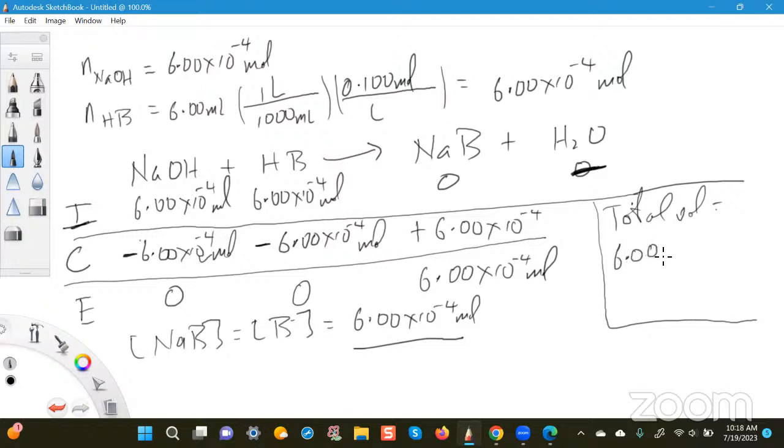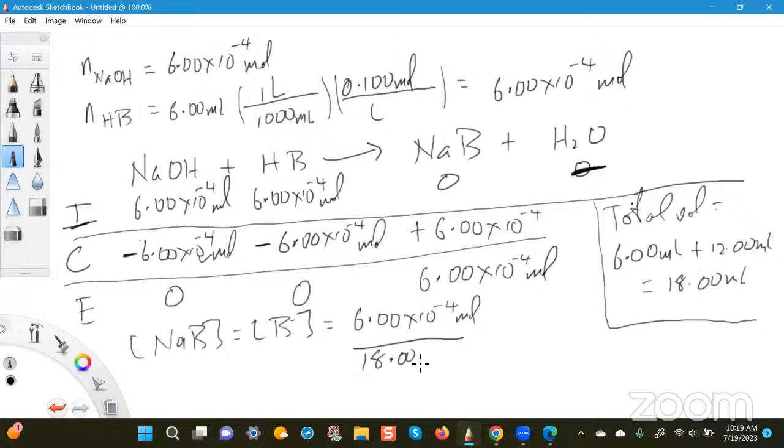If I remember correctly, it's 12, but let me confirm that by scrolling up here. Yes. So plus 12.00 mL. So that gives 18.00 mL. So the 18.00 mL will go down here.